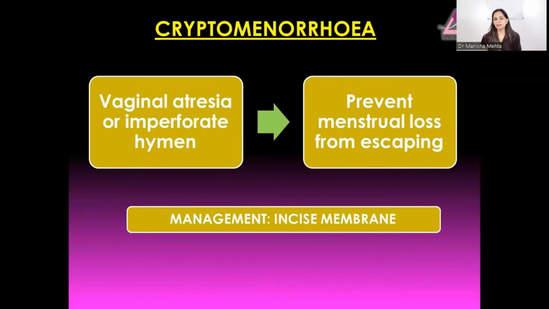But suppose it is a small vaginal septum, then obviously. Inside the membrane, some people just put a nick, some people give a cruciate incision, it doesn't make a difference. Once a cut is made and the fluids start coming out, it's managed well.